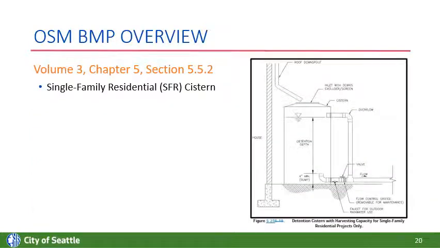So for the single-family residential cistern, the updates have included site considerations and sizing factors. The single-family residential cistern is a category 5 BMP and can only be used for single-family projects.